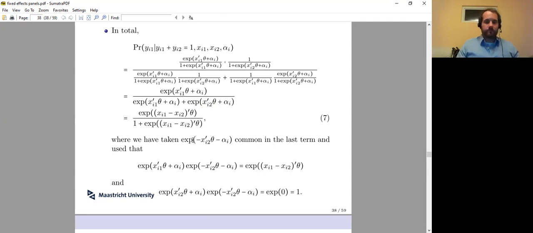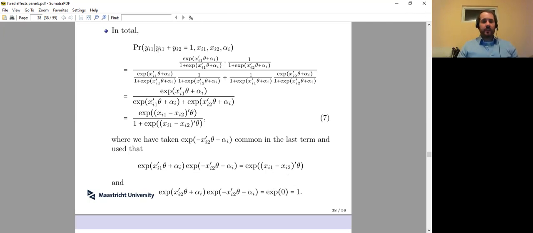Or basically we multiply the numerator and the denominator by the exponential of minus xi2 theta minus alpha i. And what we get then is that in the numerator, there is no alpha. And in the denominator, there is no alpha either, right? So this one is simply this multiplied by this. Magic, right?